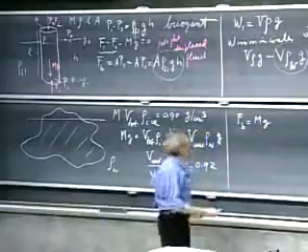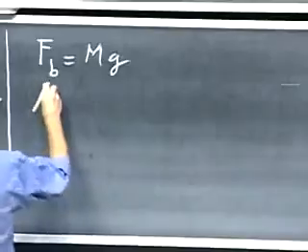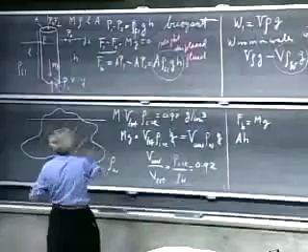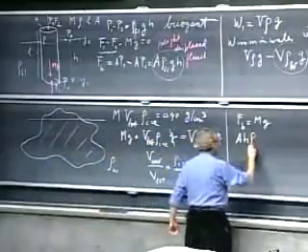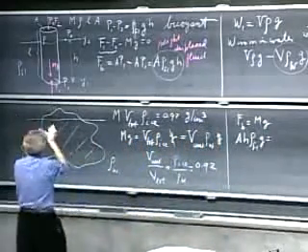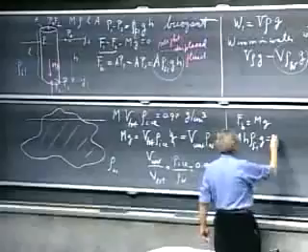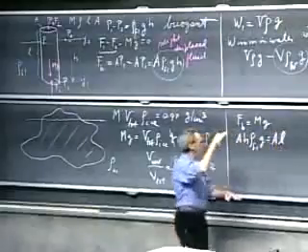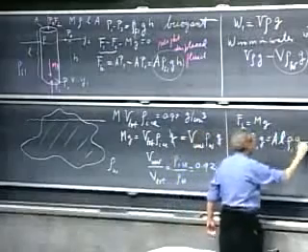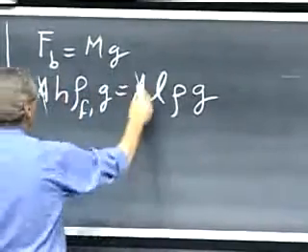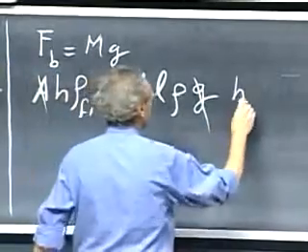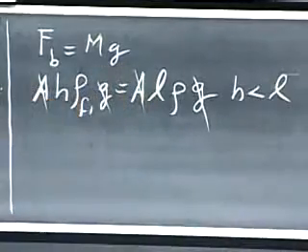And the buoyant force is the area times h, that's the volume underwater, multiplied by the density of the fluid, times g, must be the total volume of the cylinder, which is the area times L, because that was the length of the cylinder, times the density of the object itself, times g. I lose my A, I lose my g, but I know that h must be less than L, otherwise it wouldn't be floating, right?